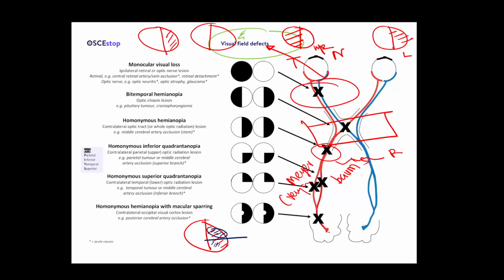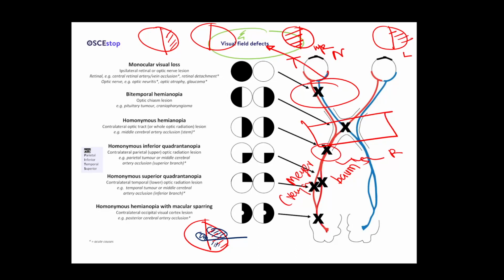Now, if this is the visual cortex, the problem with the visual cortex is that the macula, the area with the highest concentration of visual receptors, is in fact controlled bilaterally.